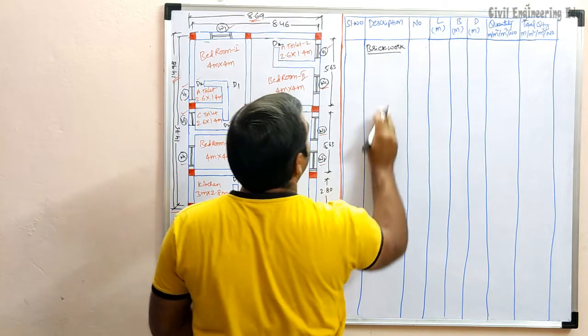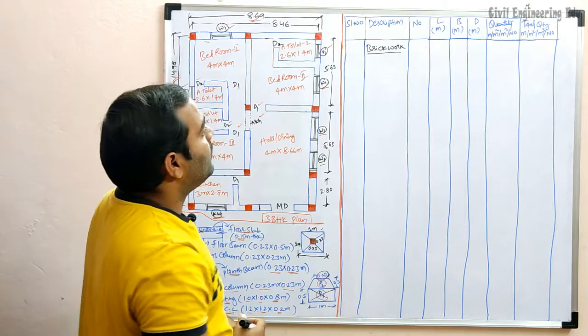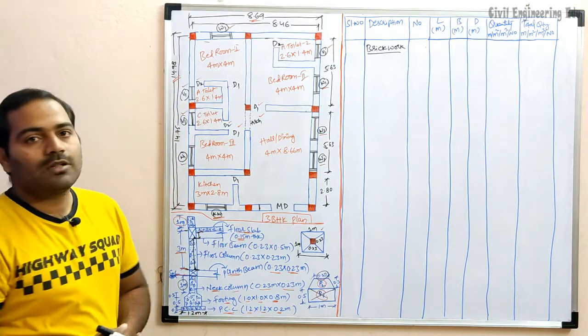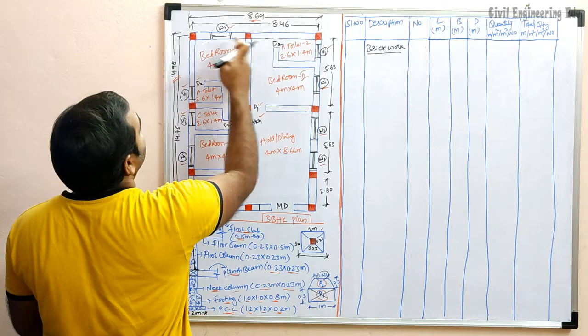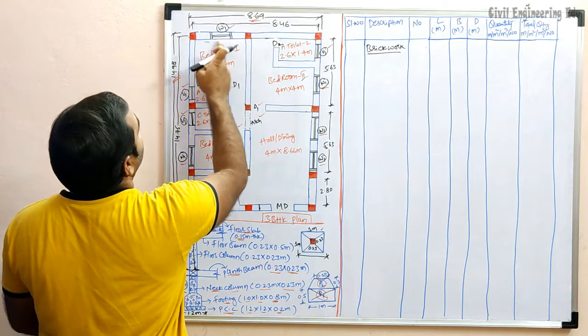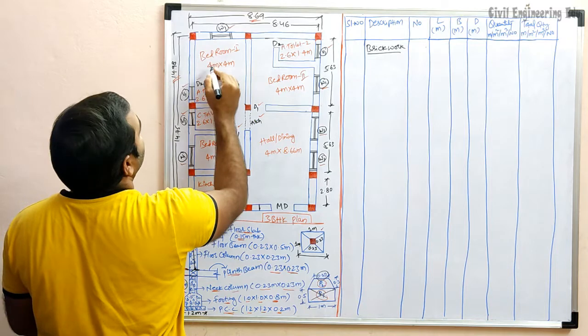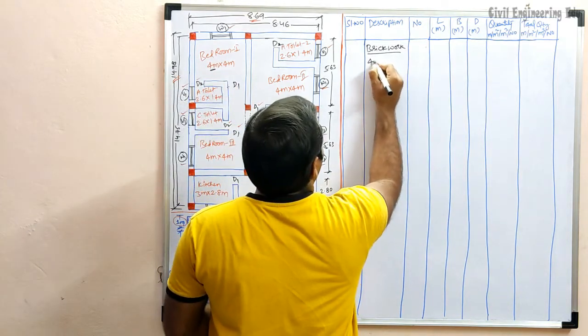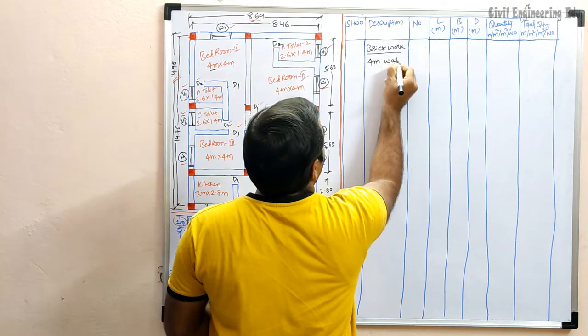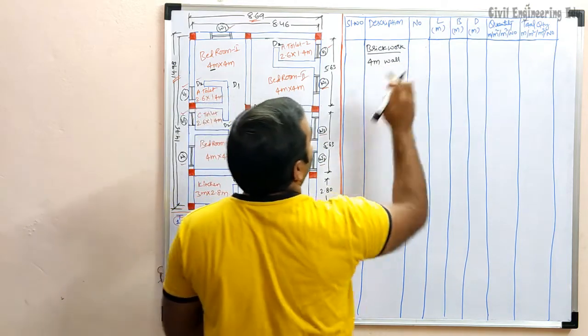In case of brickwork we have to take it based on the length of the wall. From this face of the column to this face of the column, the total length of this wall is 4 meter. So here a 4 meter wall. How many numbers are there? We have to write.